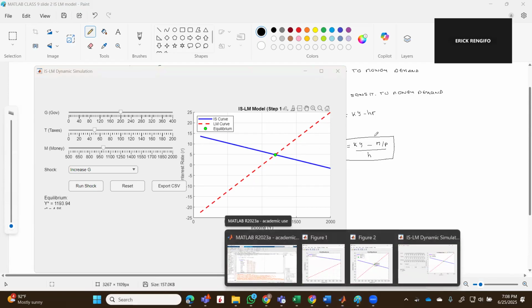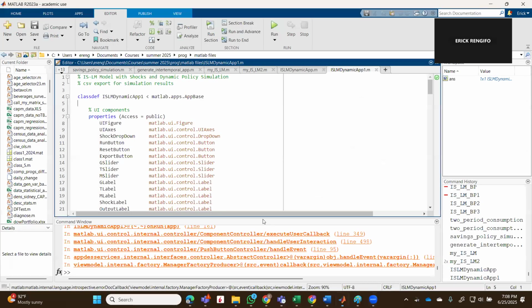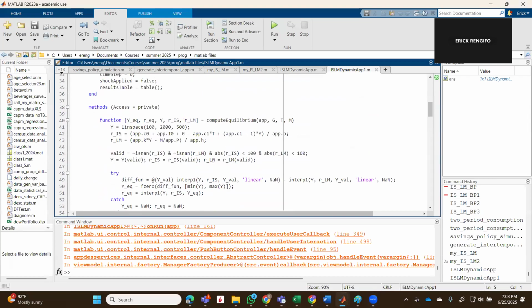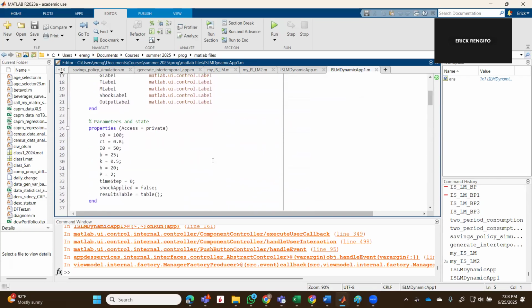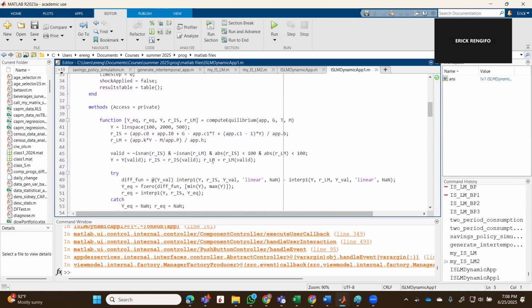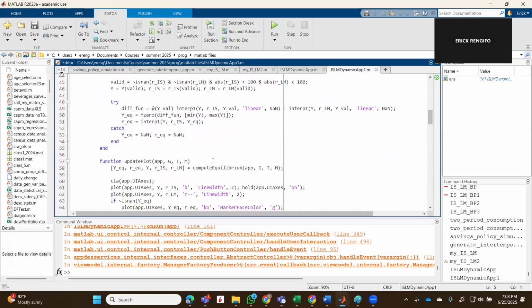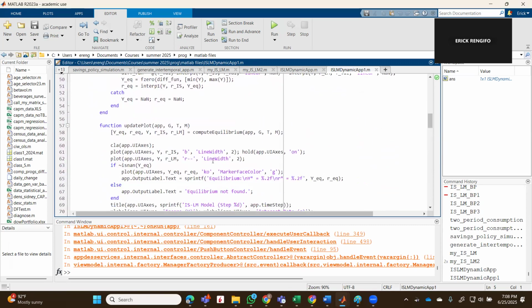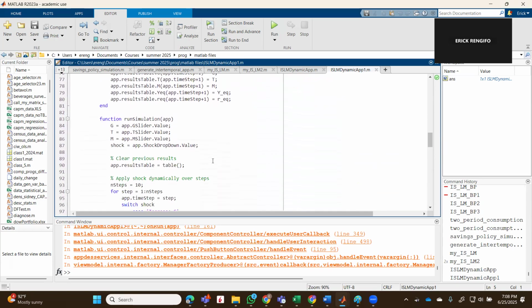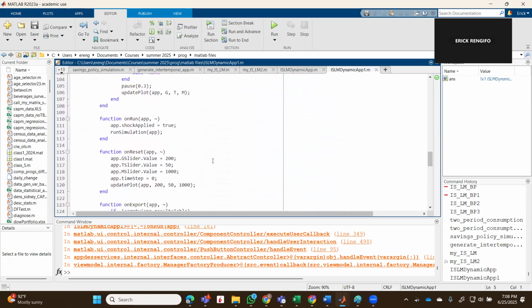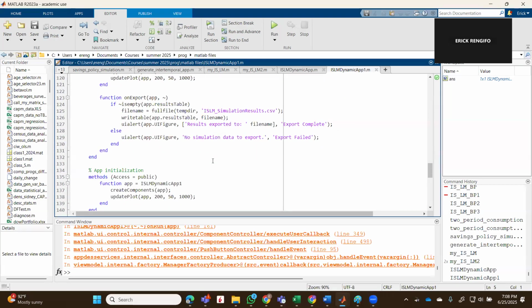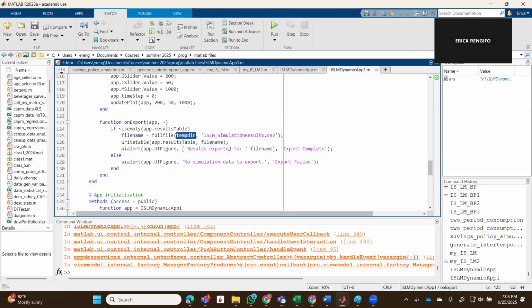Where is my program? Here we go. So my export button. Yes, okay. Yeah, file name. What is my file name? Temp directory? Where's my temp dir?